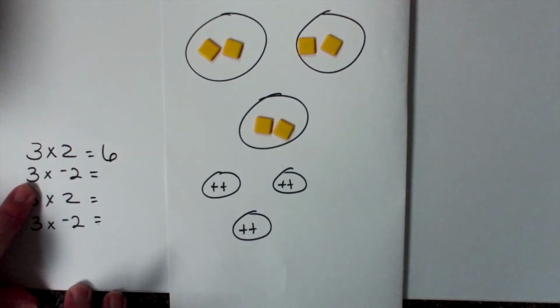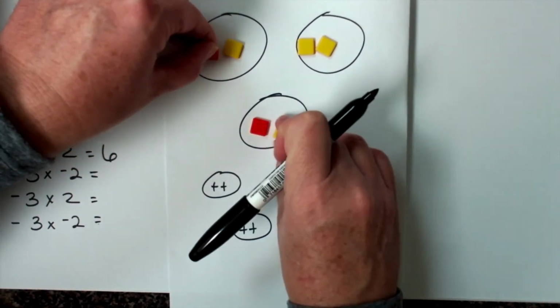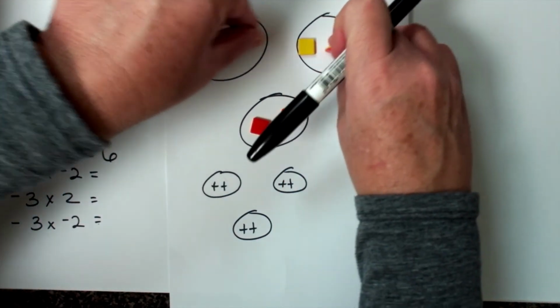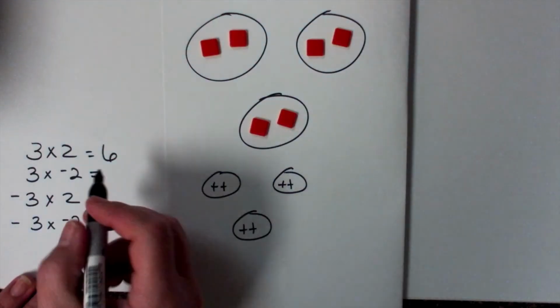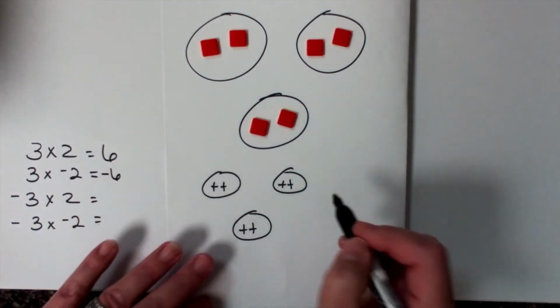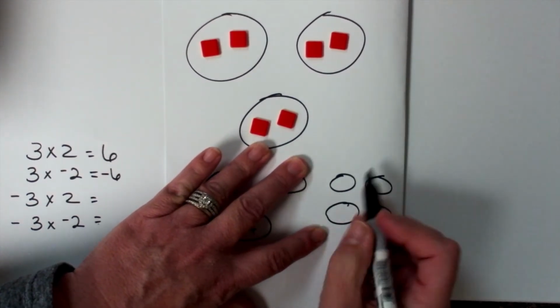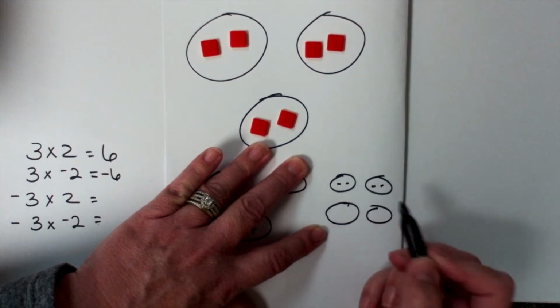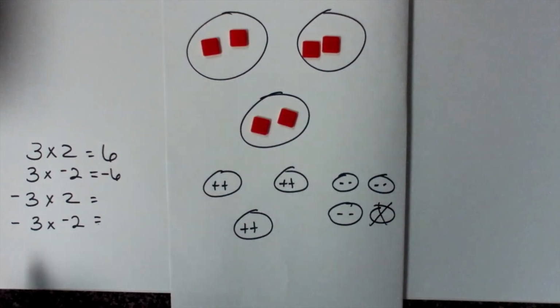Now this says I have 3 groups of negative 2. So if I do that, turning these over, what do I have? I have negative 6. Same thing. I'm going to draw it out. Negative, negative, negative, negative. Oh, I didn't need this group. It's going to be negative 6.